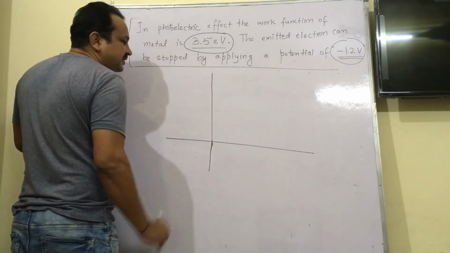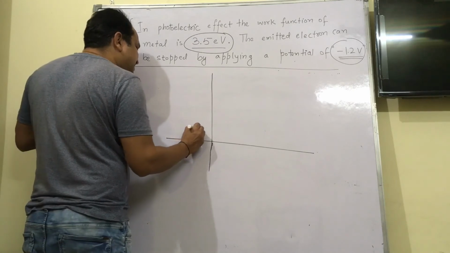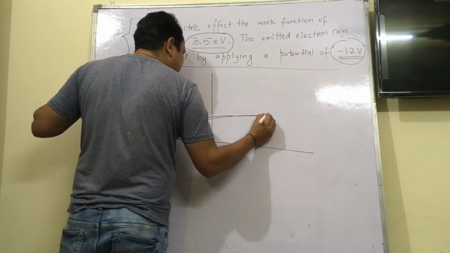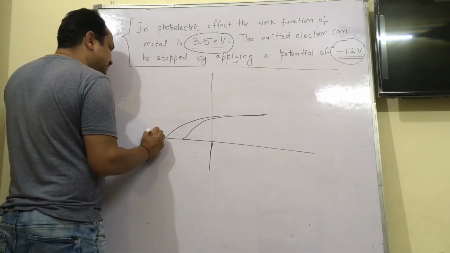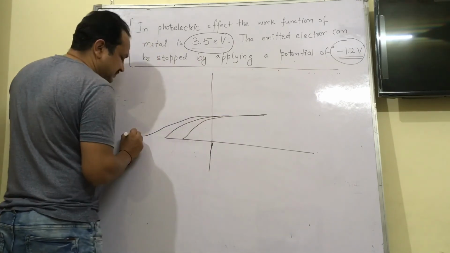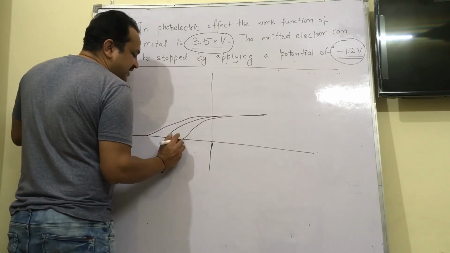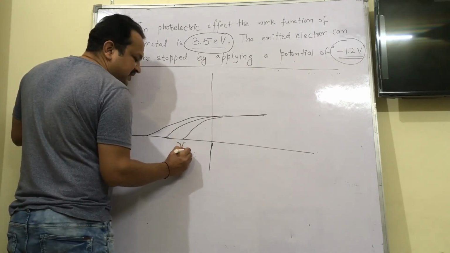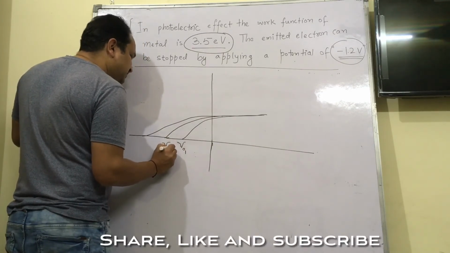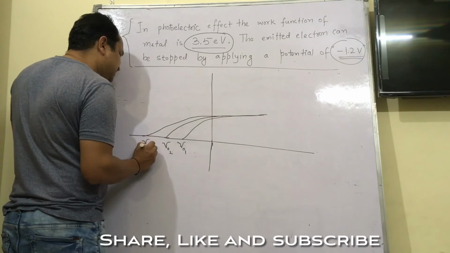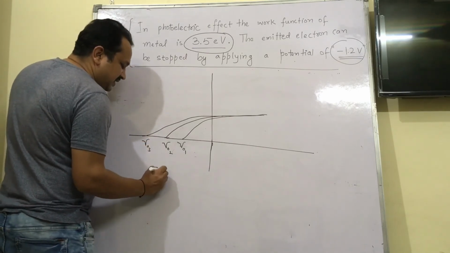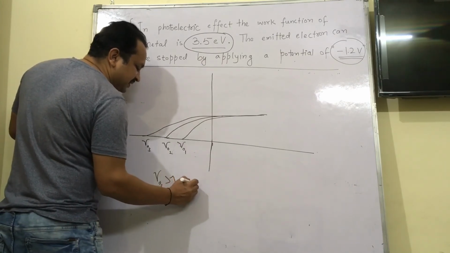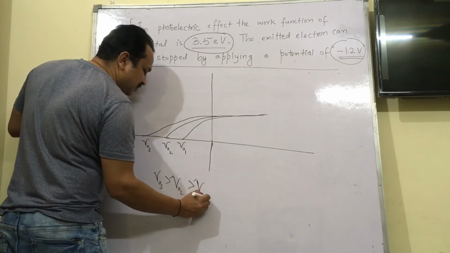In the photoelectric effect, as we increase the photon frequency, suppose this is frequency 1, this is frequency 2, this is frequency 3. Frequency 3 is greater than frequency 2, which is greater than frequency 1.